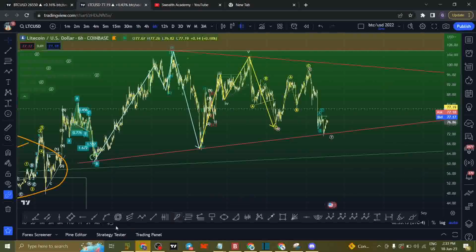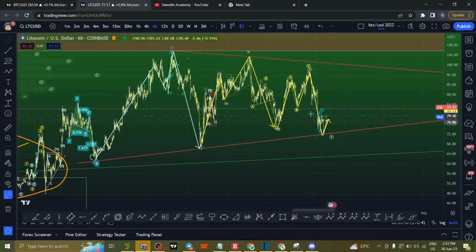Our last fractal, same rhythm, same psychology repeats. We have a rally, similar to what we had with our first fractal as well as our second fractal, followed by a pullback, pullback, and pullback, and then a higher high, which, as you can see from previous two fractals, that's exactly what happened, and then a major sell-off to the downside.